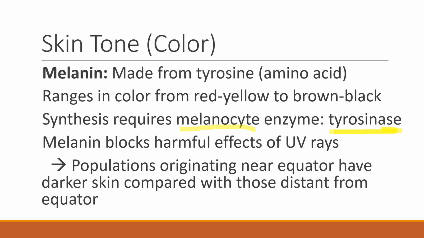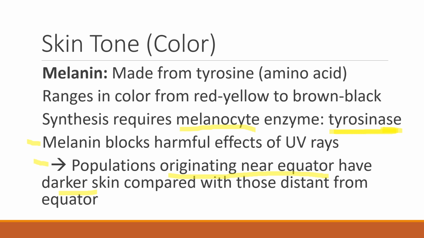We had mentioned before, melanin blocks the harmful effects of ultraviolet radiation. And because of that, when you're looking at skin tones in general, populations who originate near the equator tend to have much darker skin compared to those distant from the equator. That kind of makes sense, right? So imagine on the globe, the equatorial regions, the populations that originate there, compared to folks who maybe are from the far north of Europe, differing in their skin tones.